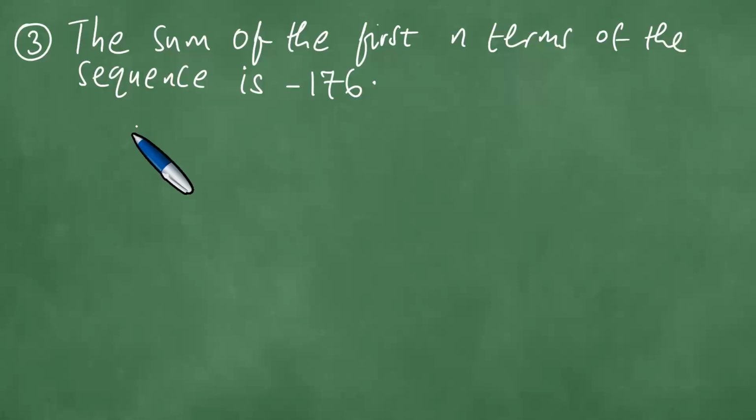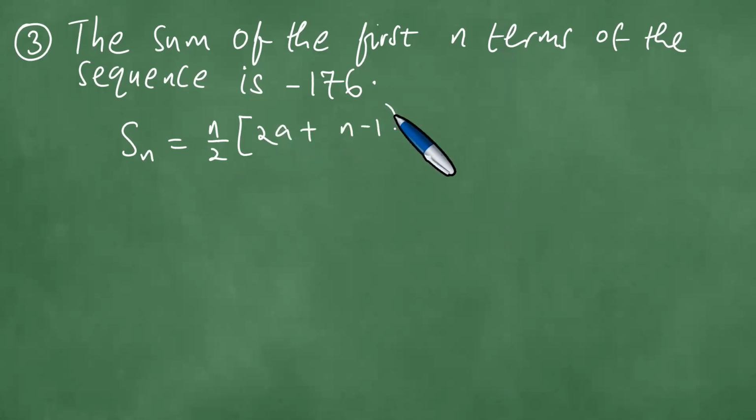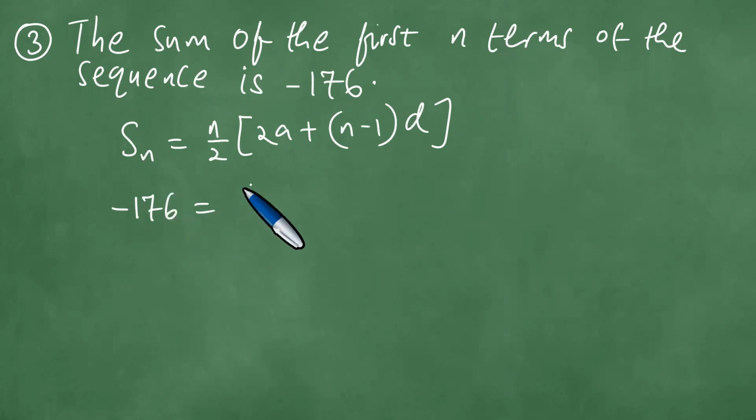We need to note that we are dealing with a summation formula here, which is n over 2 into 2a plus (n - 1) into the common difference d. But we have already been told that the sum is -176, so we put -176 on the left side. We need to find n, so n we leave in the formula.